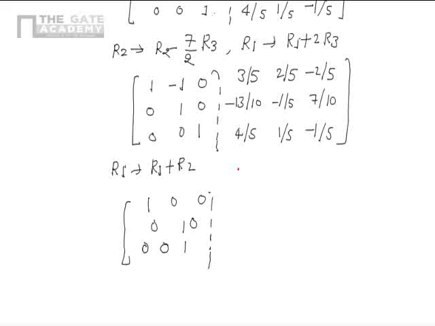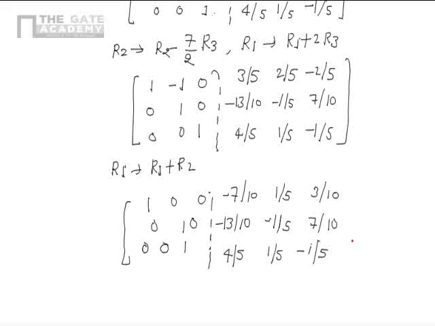On the right hand side, I will get minus 7 by 10, 1 by 5, 3 by 10, minus 13 by 10, minus 1 by 5, 7 by 10, 4 by 5, 1 by 5, minus 1 by 5.